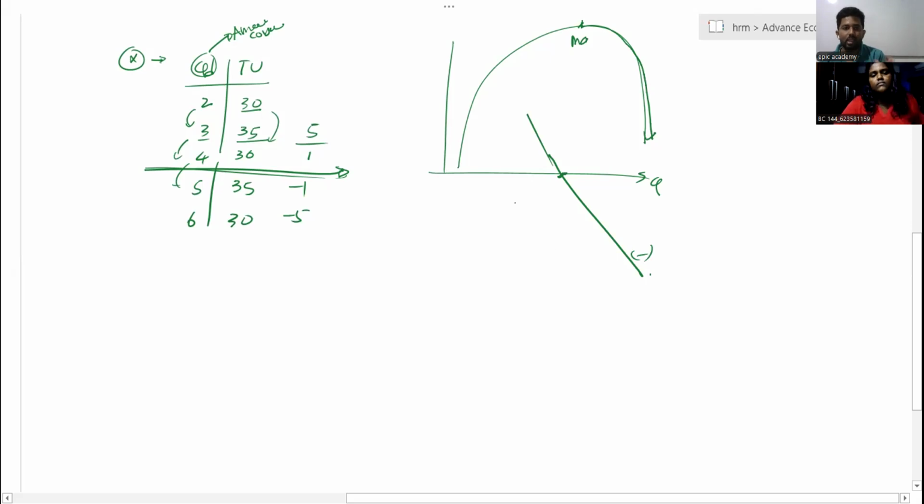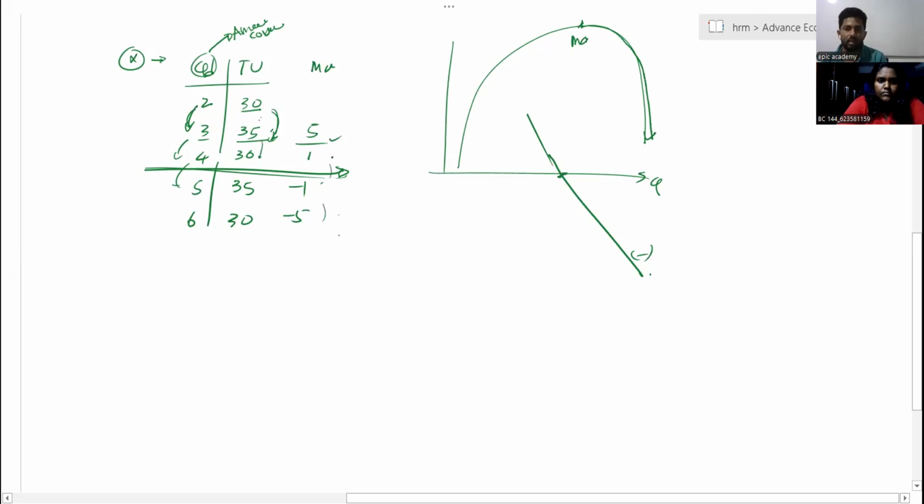The utility or satisfaction after consuming the amount of consumption. Marginal utility means if you increase the amount by one, what is the change in the total amount? If the change in the total amount is just 5, then marginal utility is just 5. Here it is marginal utility 1. Here it is -1.